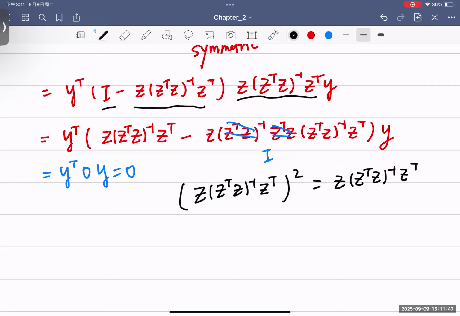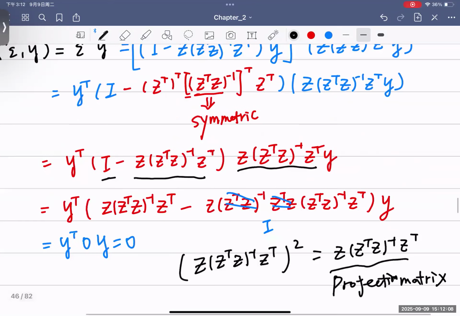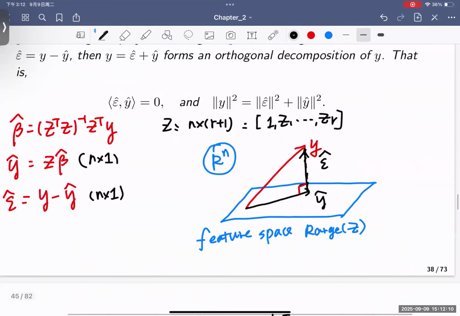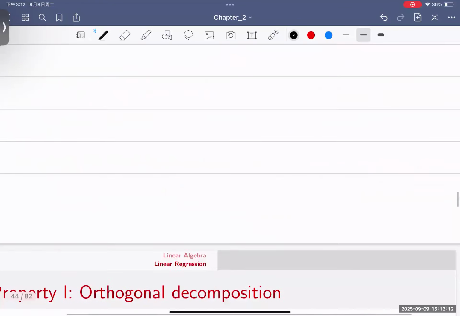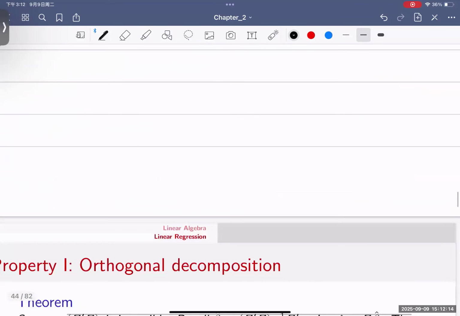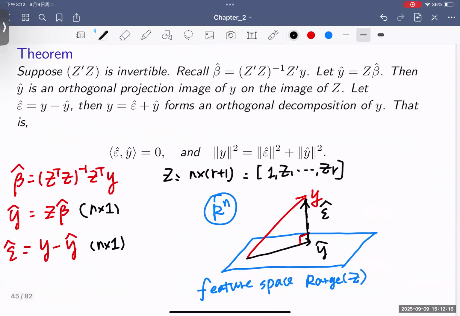This indicates this is a projection matrix. It's not project, it's projection matrix. So this states that y, as we mentioned here, is a projection part, making such a kind of projection.